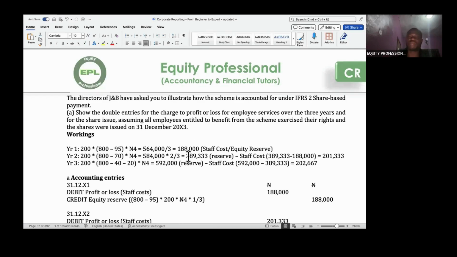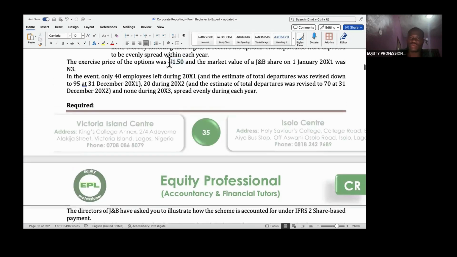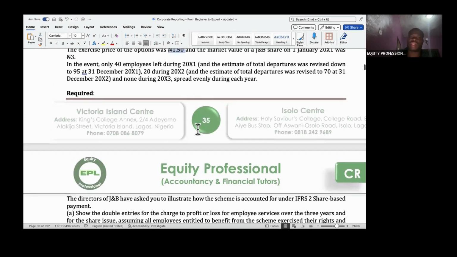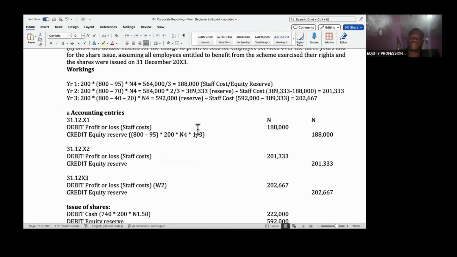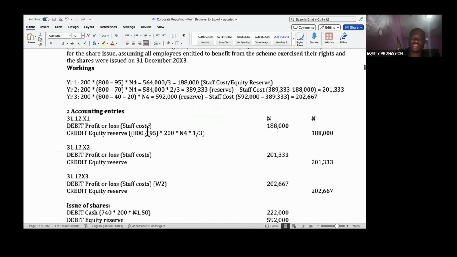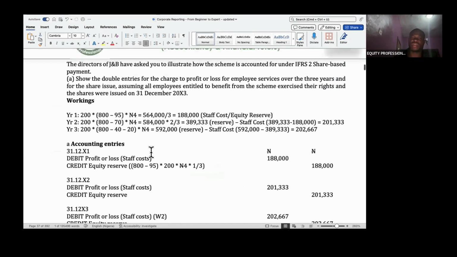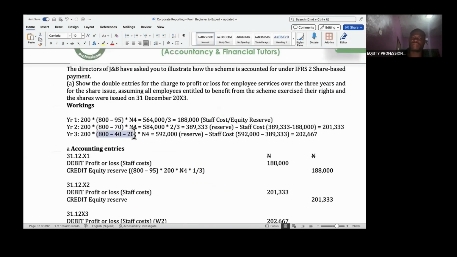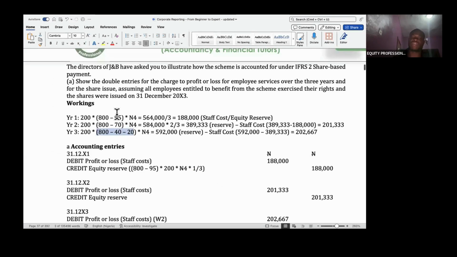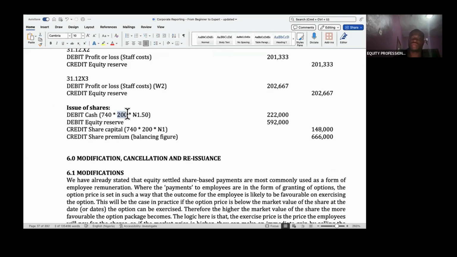Now, you see, the money they are paying, this 1 naira 50 kobo, we are giving each of them, there are 740 employees. Remember the way we got the 740? The 800 minus 40 minus 20. That's 740. We are giving each of them 200 options, and we will collect 150 kobo from them. You see that I'm debiting cash. Okay, that gives us 222,000.